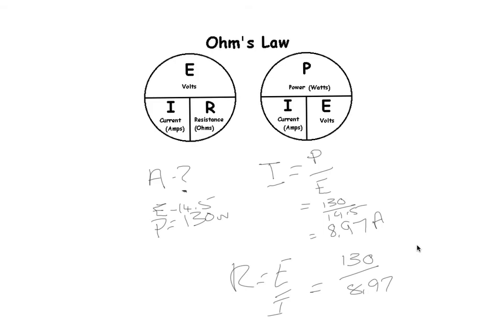It's 14.49 ohms of resistance. So if you've got any two of these properties, you can find out the other two by using the triangular formulas in tandem.